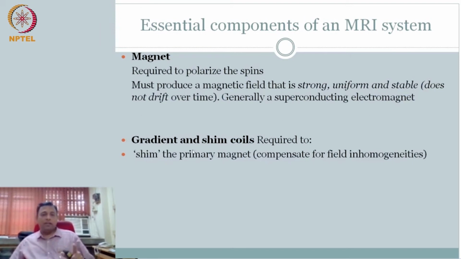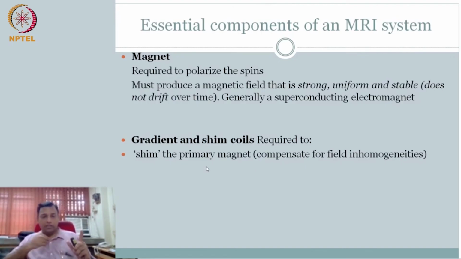Then you have to have gradient and shim coils. Gradient we already talked about, in some sense you understand. You have to change the magnetic field, that means you have to create a gradient. So you need a coil and that will change it. The shim coil is a new one. What is the shim coil? See, we want a homogeneous magnetic field, the V naught, right? And it should change only as per our design requirement.